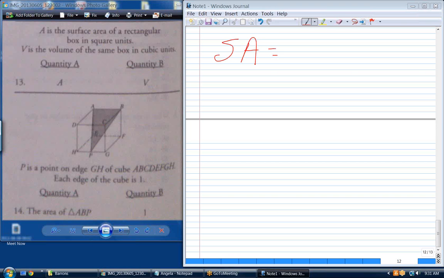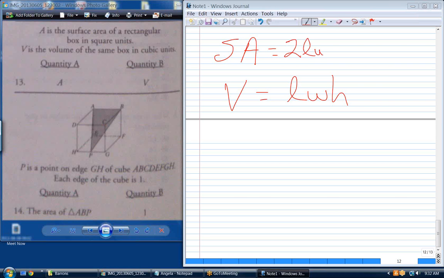That's the volume. In other words, volume is length times width times height. But surface area, if we look at this rectangular box, notice the surface area is 2 of these plus 2 of those plus 2 of the top. Yeah, I had them backwards.